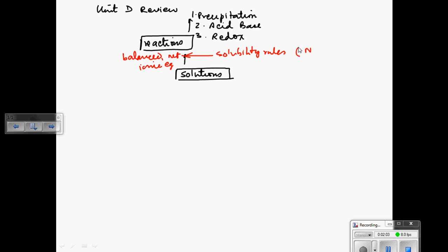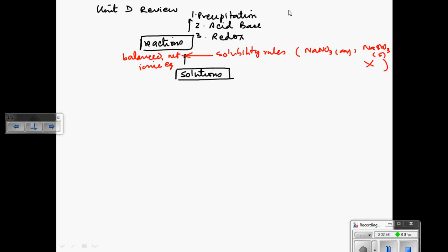Even for ionic compounds like NaNO3 that can dissociate in aqueous solutions, if a reaction says you have solid NaNO3, this will not dissociate. So I want you to read the question carefully. Just because you see an ion that can dissociate, don't automatically dissociate it. Ponder over its state. Is it in aqueous state or is it solid? We'll talk a little bit more about it when we talk about reaction prediction.